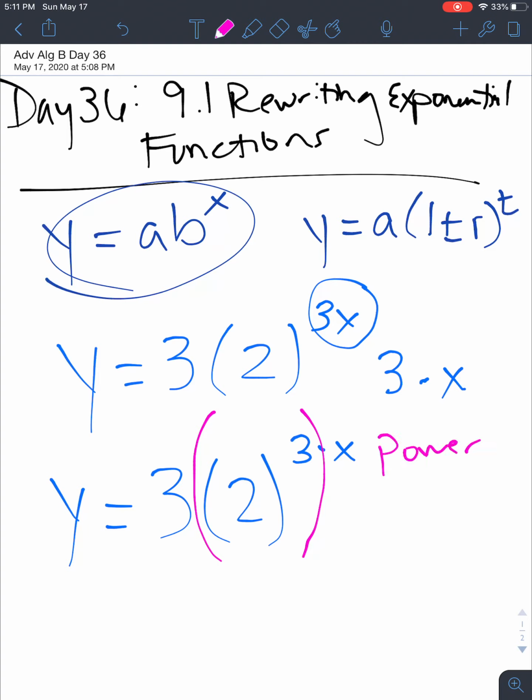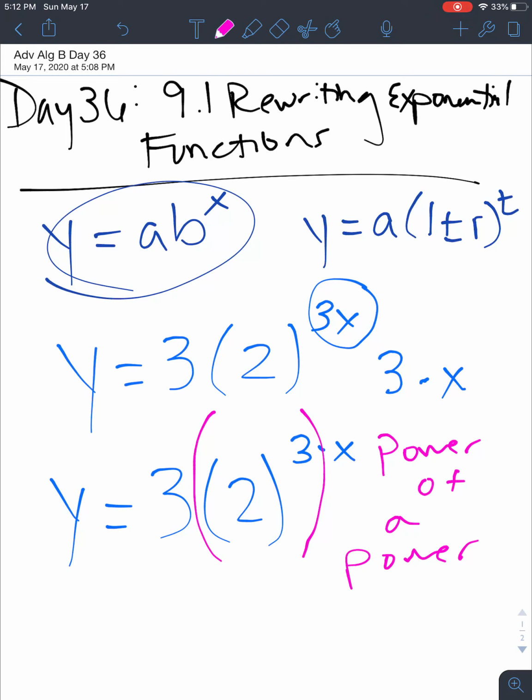Because remember, there's something called the power of a power rule, or the power of a power property from exponents. Remember, that's when you have some exponent on the outside of another exponent, or an exponent being raised to another exponent. And we said that's the same thing as multiplying.